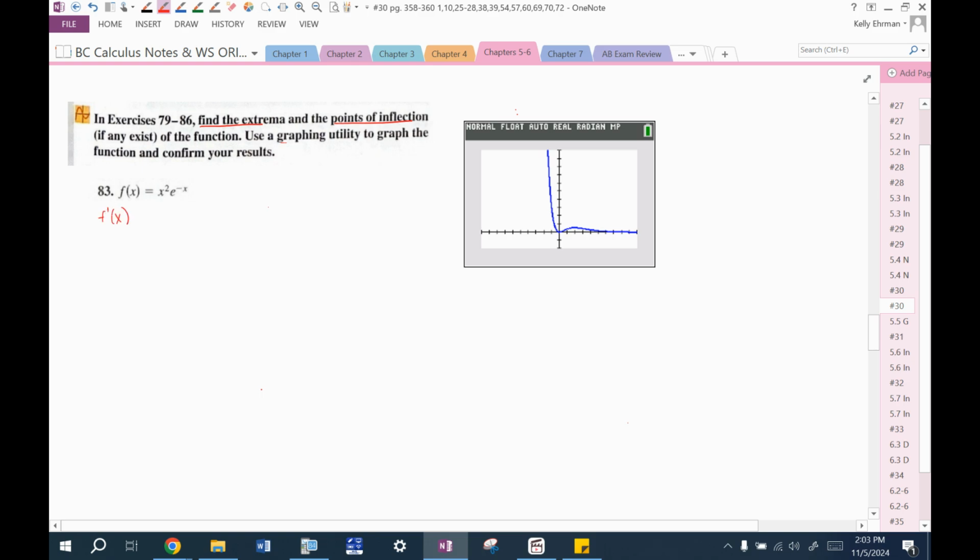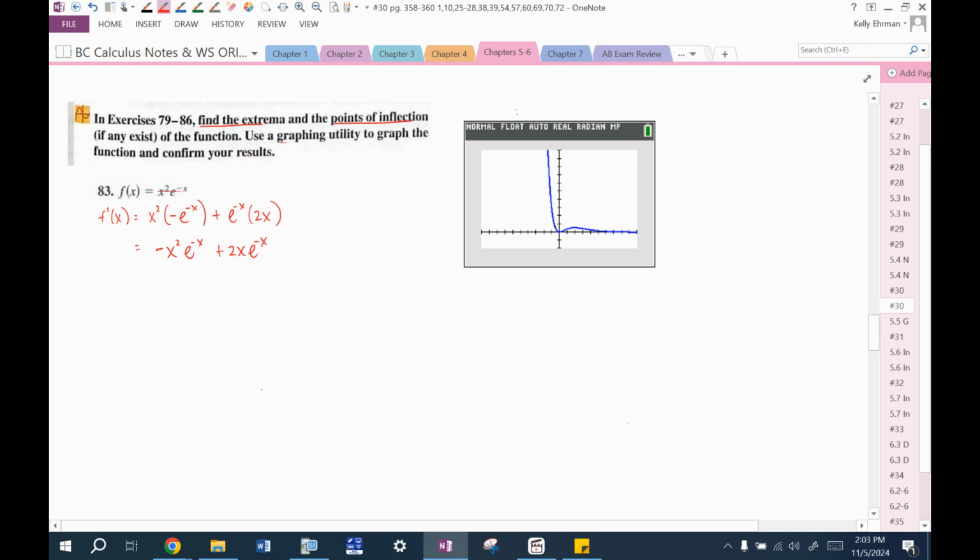So find the first derivative. I need to use product rule. First times derivative of the second plus second times derivative of the first. We're going to be setting this equal to 0, so clean it up a bit first. I'm just trying to get rid of my extra parentheses here.